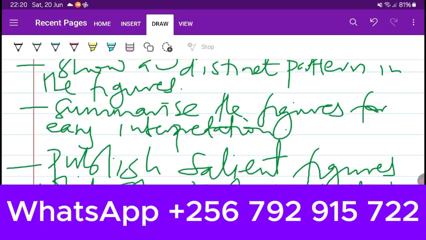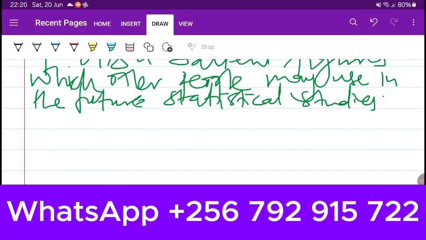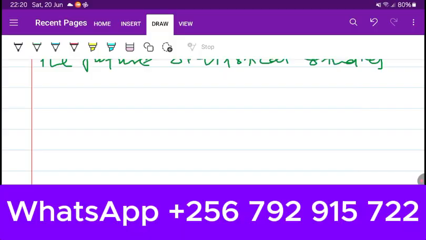So we collect this information, we analyze it very well, and then we publish it or save it somewhere, maybe on the internet or in books, so that other people can use it in the statistical studies they may carry out. So those are some of the reasons why we use tables.